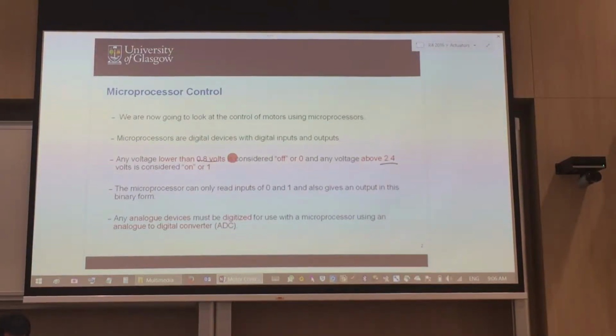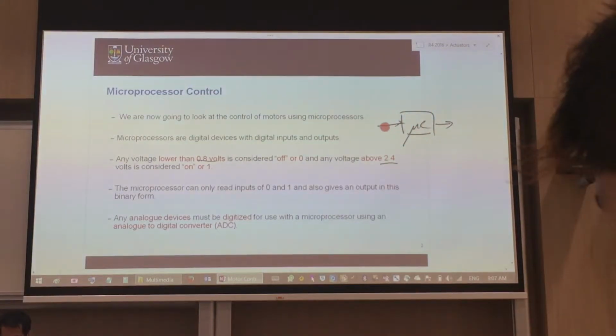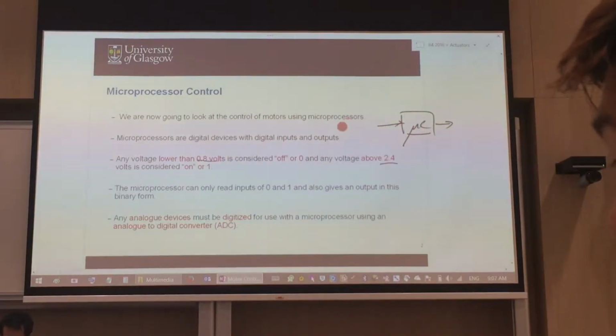So in order for the microprocessor to be useful, there must be input and output of the microprocessor. Normally, because your microprocessor is a digital device, you couldn't read an analog signal basically.